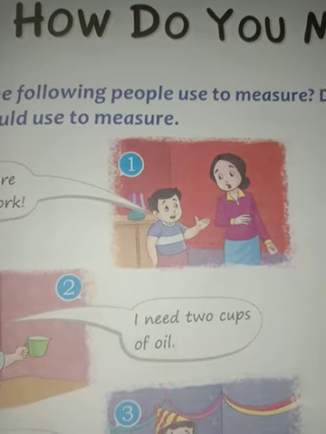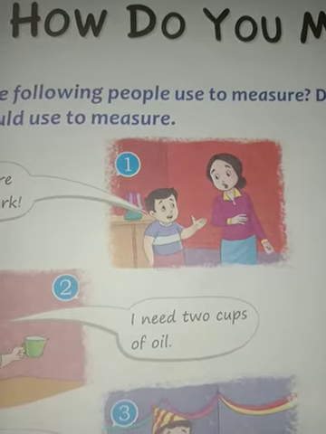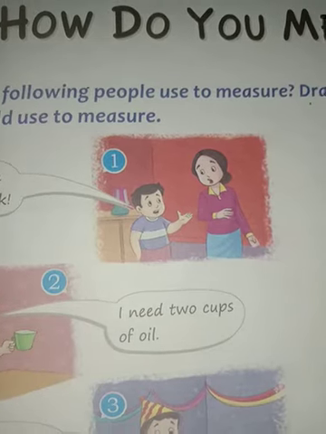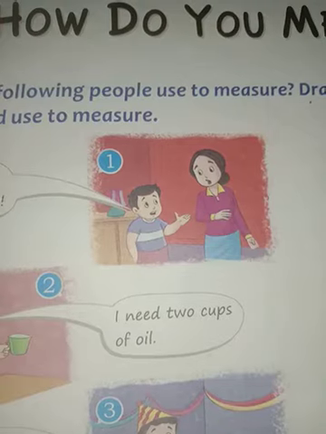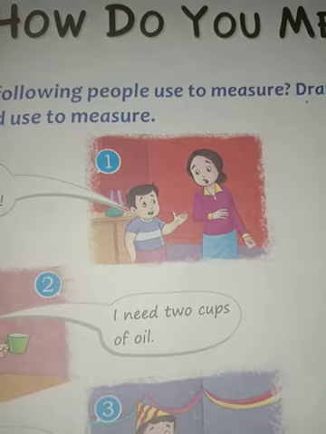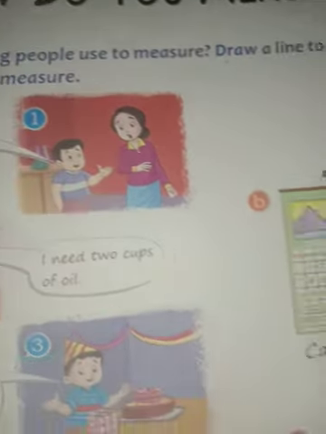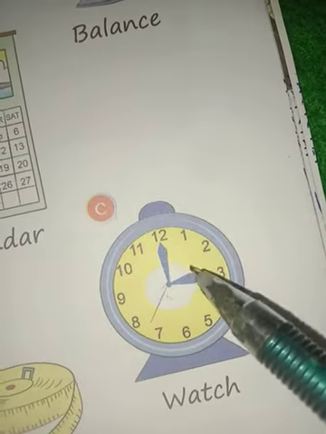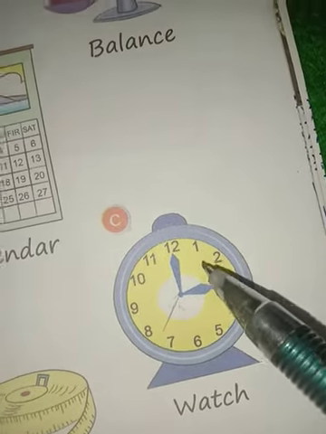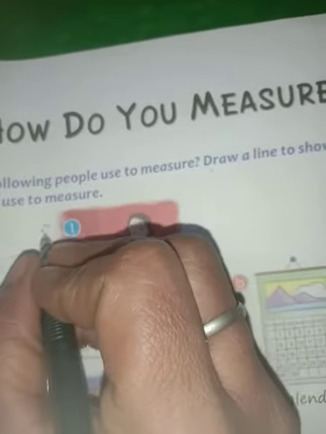We find out the time by watching the clock. How did the child know that his mother was late? Yes, by looking at the clock. So the answer is C, watch. We will write here C.